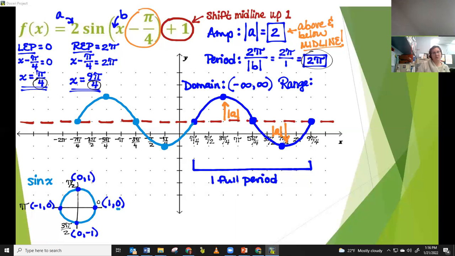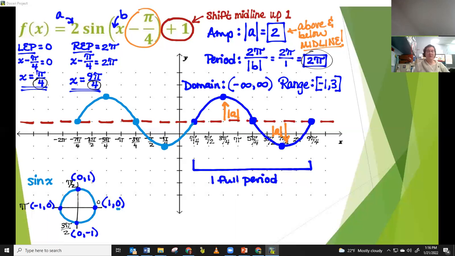What is my range? Negative 1 to 3, inclusive. So we've got brackets. Awesome.